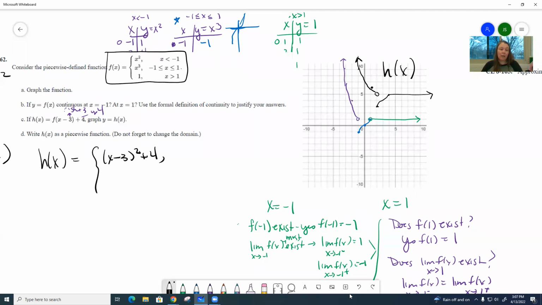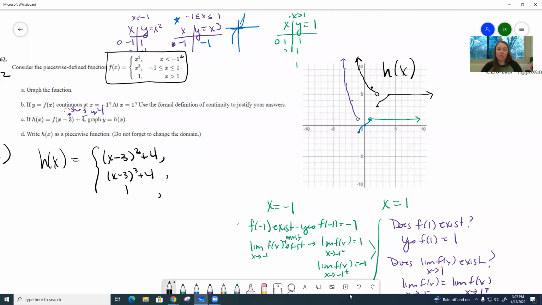All right, then again, f of x minus 3 means if you see an x, you're going to put in x minus 3, and now this is cubed, but then plus 4. Here there's no x, it's just going to stay 1. And so when we change our domain like this, it just means this is not starting at x equals -1, because everything moved to the right 3. Now this starts at 2.